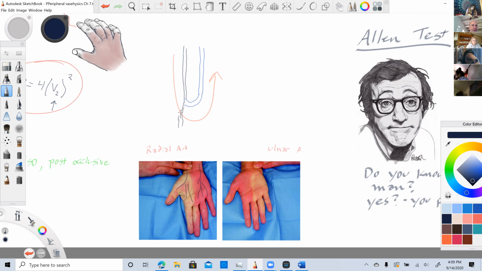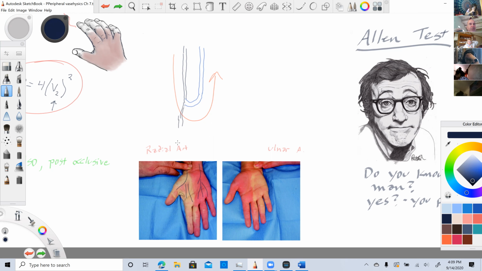But in this situation, if you create this dialysis fistula and you don't realize that this person has inadequate circulation in their hand, you could have a couple of things happen. Well, one, all the blood just bypasses and you simply cut off the blood supply to the radial artery.